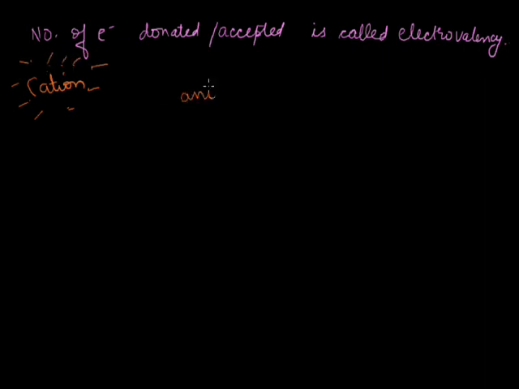Similarly, an anion is surrounded by a fixed number of positively charged ions. And anions and cations are both arranged in a fixed geometry.